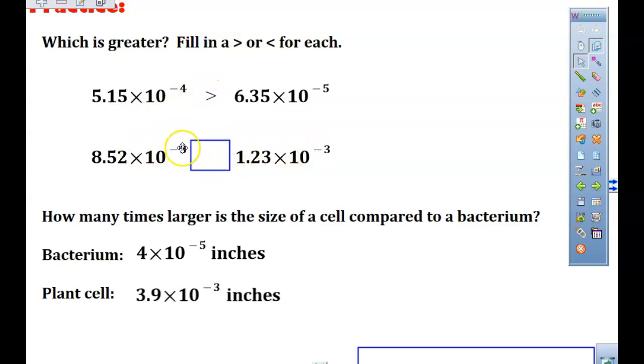Here I have two -3 for exponents, so now I have to look at the number that's in front. I have 8.52. I have 1.23. I should be saying the 8.52 times 10 to the -3 is greater than 1.23 times 10 to the -3, as we are looking at that. Okay?